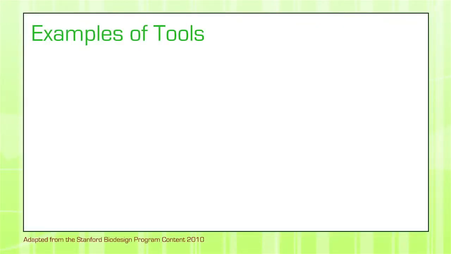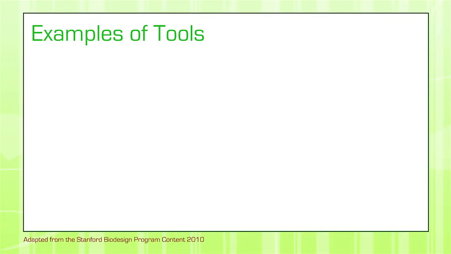Okay. If we go to slide 4, you can see some types of ways that people have done this type of scoring process in academic settings. So for example, in Stanford Biodesign, you can see that there are various examples of tools that you can use.